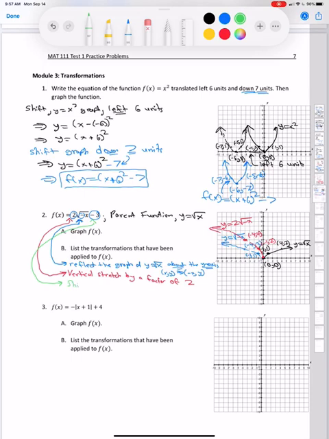So plus we go up, minus we go down. We're adding or subtracting a constant outside the function. Shift down 3 units. So as we were to finish off our graph, this point 0, 0, if we go down 3 units, let's shift all these points down. We're going to subtract 3 from every y coordinate. So we're going to be beginning now here at the point 0, negative 3.